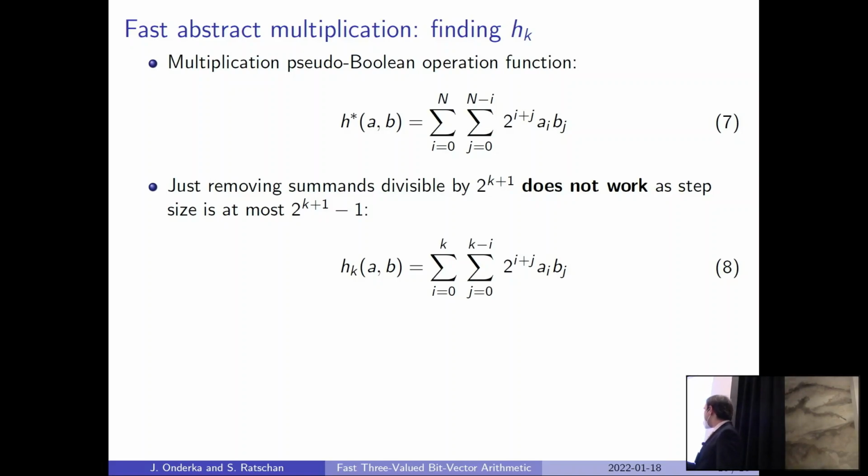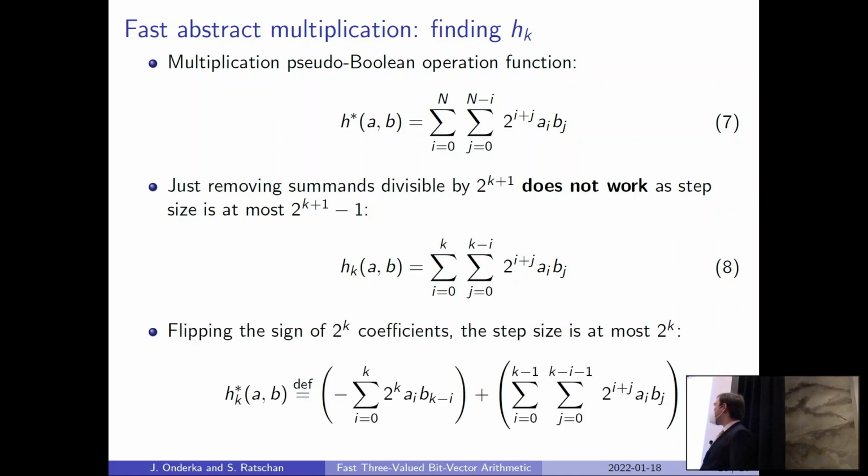And this is obviously congruent with h modulo 2 to the power of k plus 1, but it does not result in the best abstract transformer for extreme finding, because the step size is just too big. But we can do another thing. We can also flip the sign of 2 to the power of k coefficients. So we arrive at equation 9, where we define the functions hk for multiplication. And now the step size is at most 2 to the power of k.